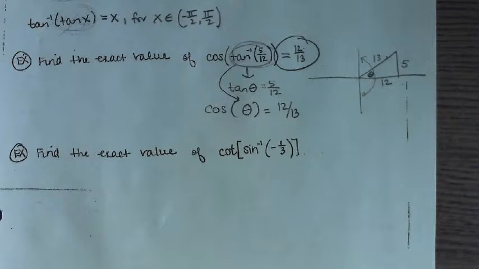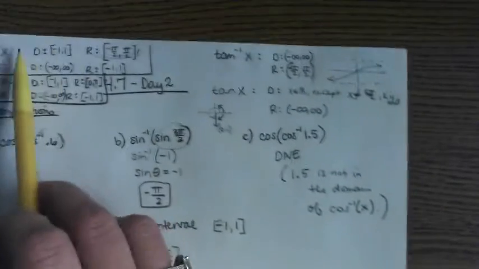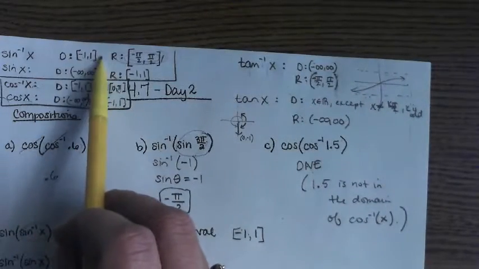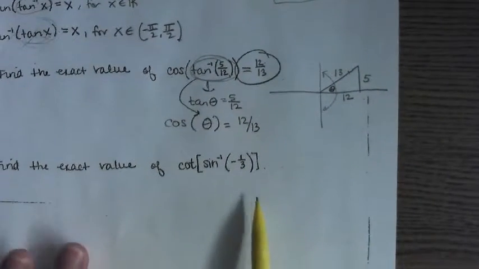Let me kind of more importantly get to the bottom of the confusion. So, Winter, what have you done so far? Well, inverse sine, look at your domain, has to be between -1 and 1. Is that between -1 and 1? It is.